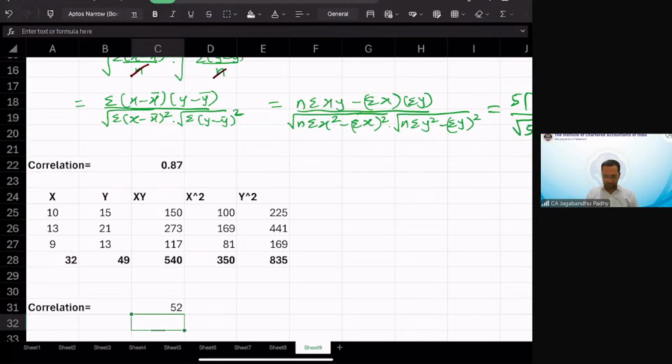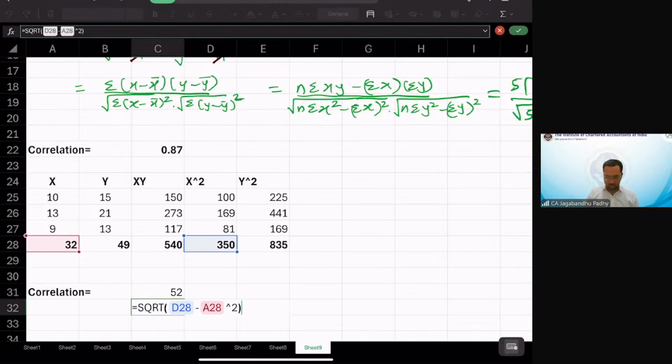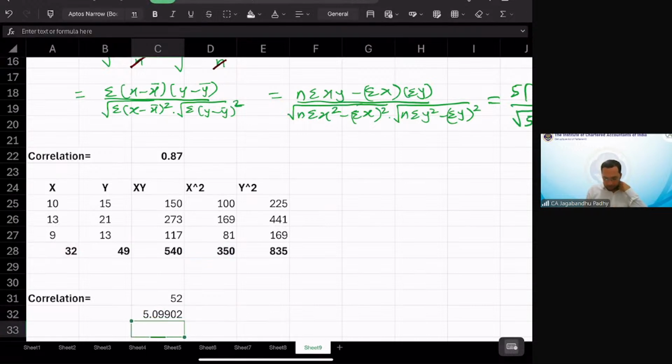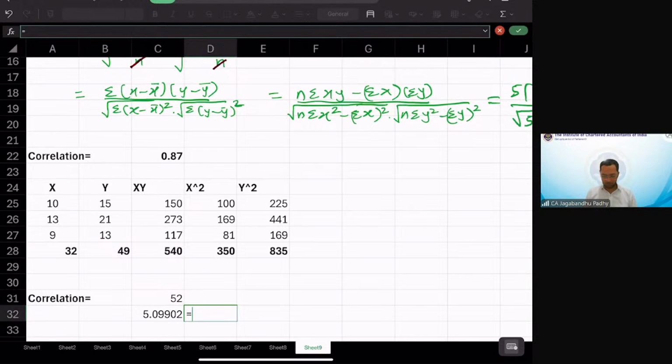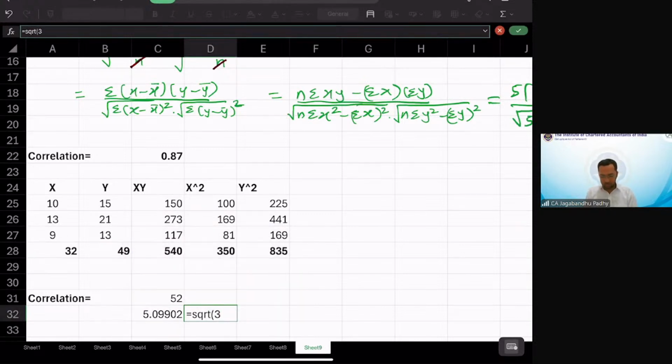Then denominator, you can say it is square root of 3 multiplied by summation x square, square root of 3 multiplied by summation y square.